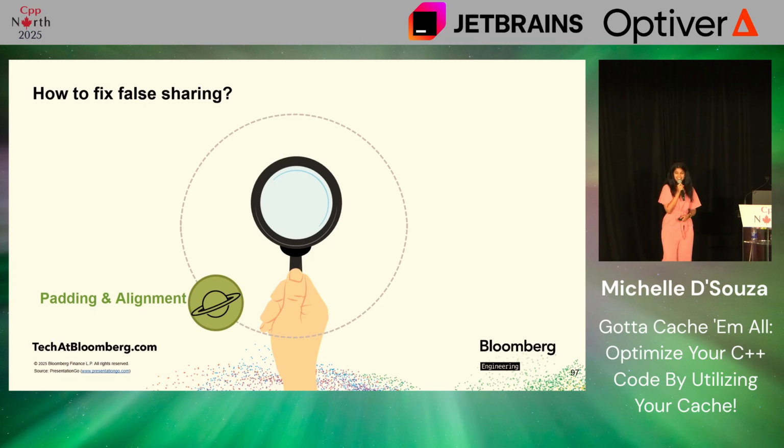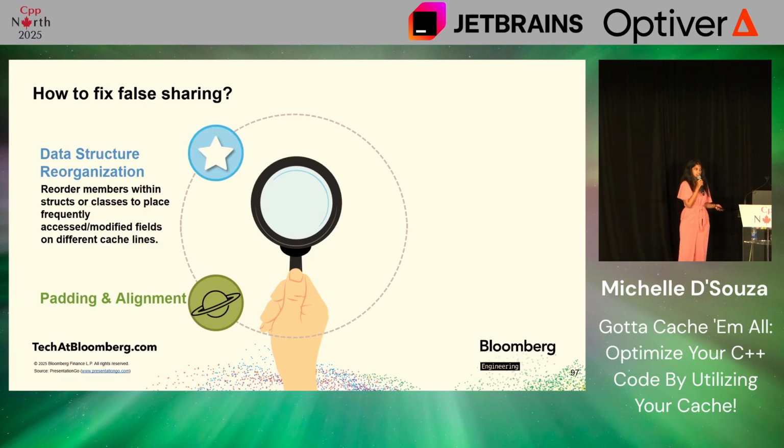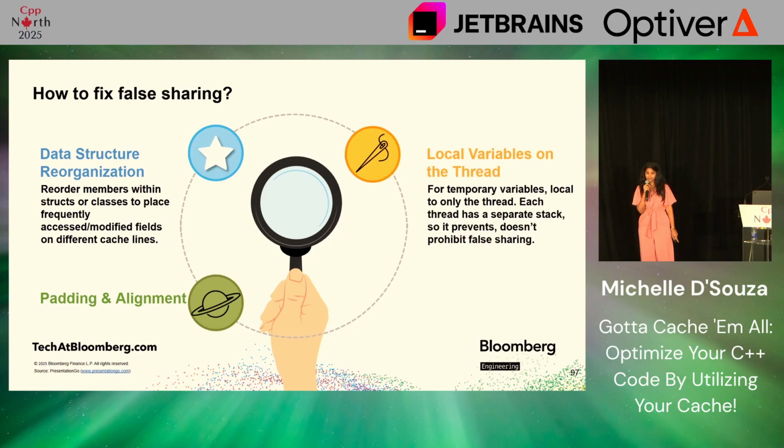No. Okay. So one other way is also data structure reorganization. If you have a struct and you have member variables right next to each other, you can just move them a bit further apart. If they're accessed by different threads, potentially, that will fix false sharing. The thread local variables are temporary variables owned by a thread, and they lie on the stack.